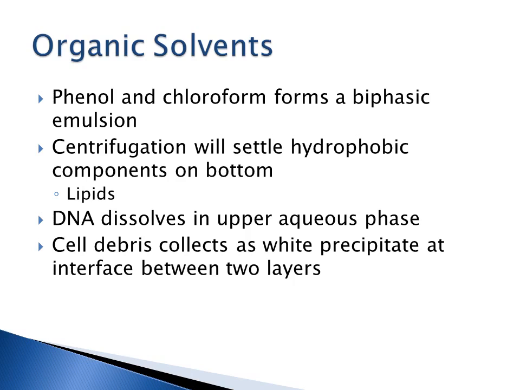Cellular debris is going to be a white precipitate that sits in between the aqueous phase on top and the hydrophobic phase on the bottom. So what you want to do is collect just the very top aqueous phase without picking up that cell debris, that precipitate. Then you're going to do further steps once you collect that aqueous phase to obtain your nucleic acid.